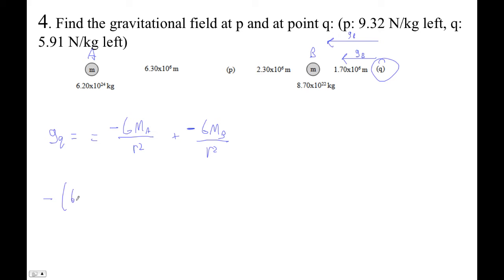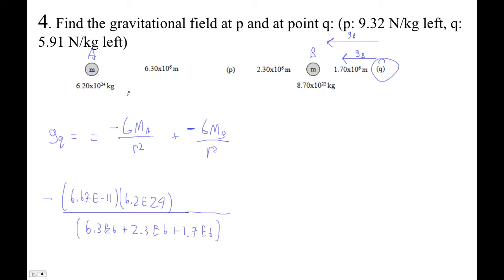So that is negative 6.67 E minus 11 times 6.2 E24 divided by, and then the radius gets tricky. Look at that, it's like doot and doot and doot. It's going to be 6.3 E6 plus 2.3 E6 plus 1.7 E6, this whole distance squared.